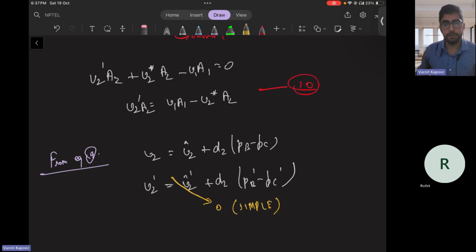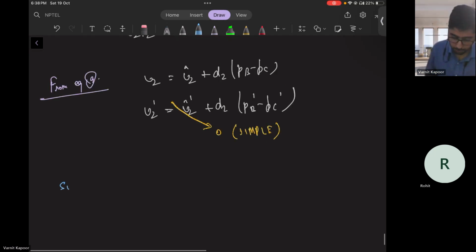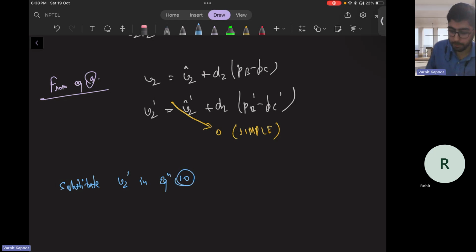So that is what we are going to substitute for U2 prime in equation number 10. All right. On the right hand side, we have U1 A1 minus U2 star A2. So essentially, we obtain the pressure correction equation for cell B. Substitute U2 prime in equation 10.